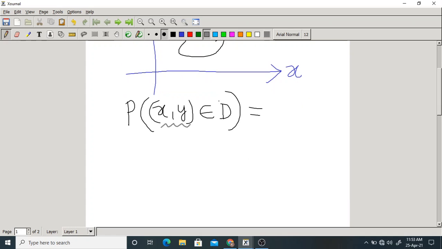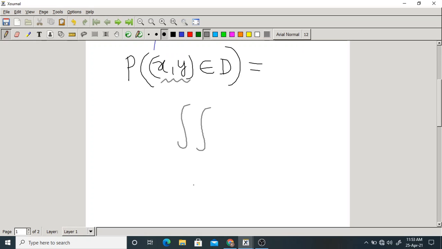Now, to find the probability, generally we take area, right? What area do we take now? Double integration, because we are dealing with two random variables. What do you write? The probability that x comma y belongs to D. Since it is associated with two random variables, we should use the joint PDF.